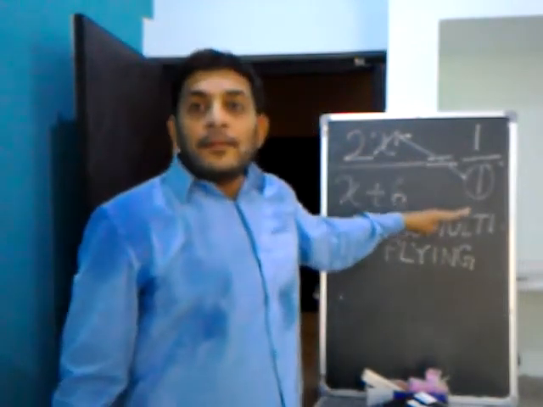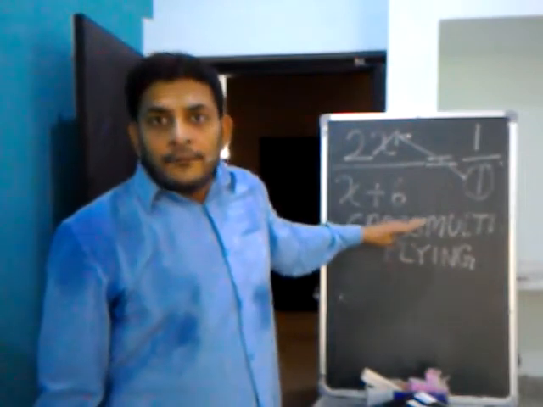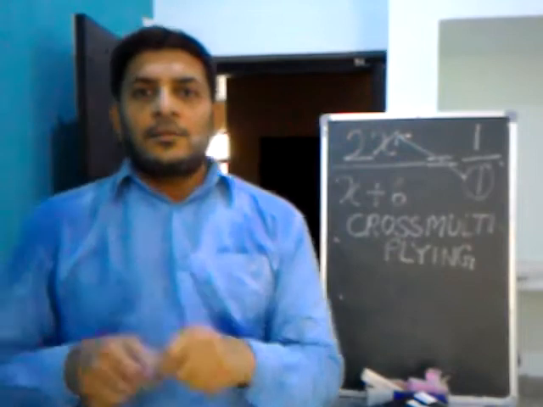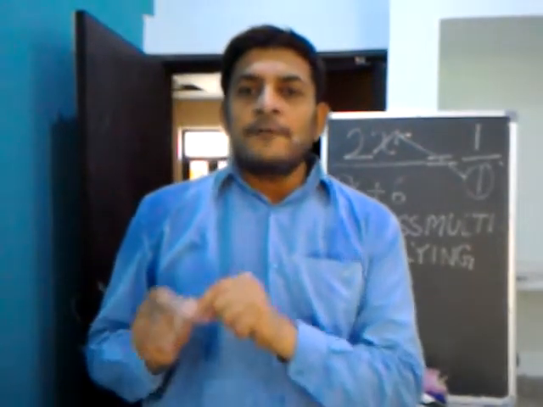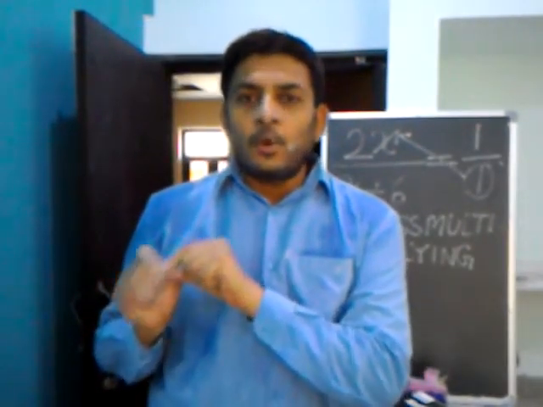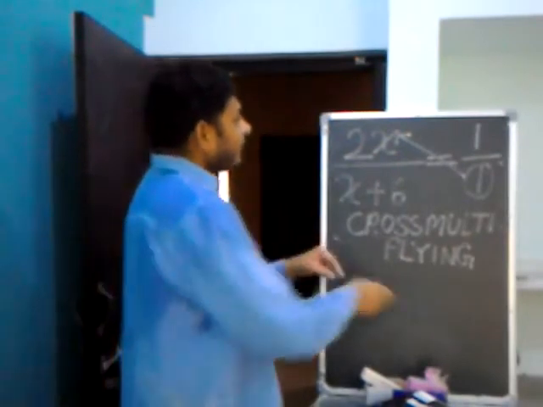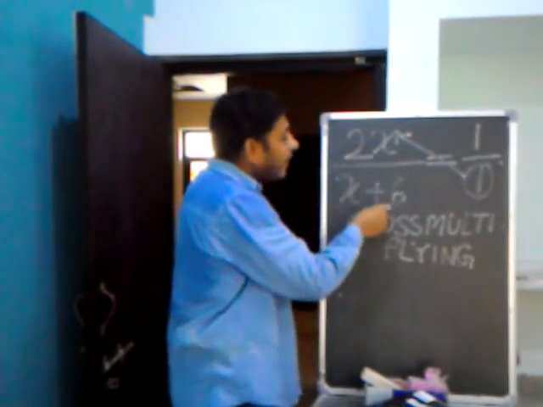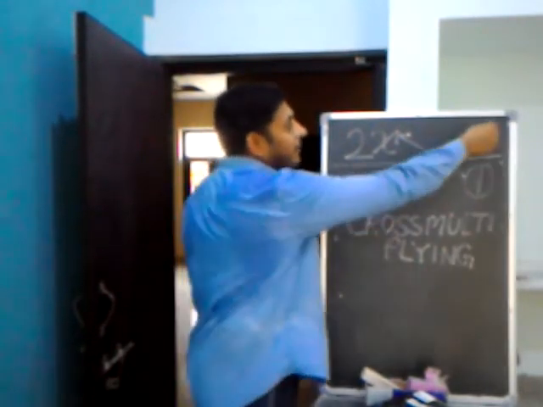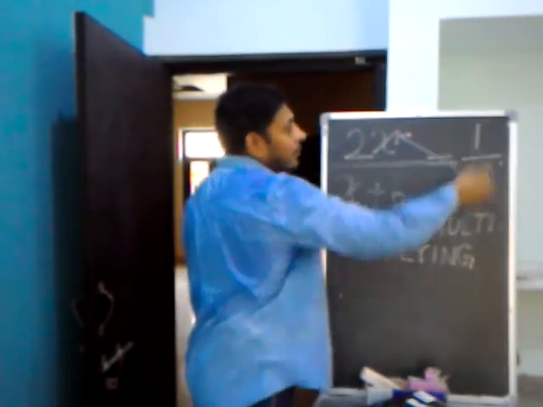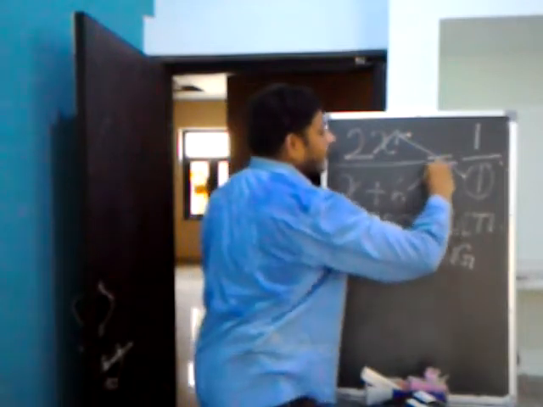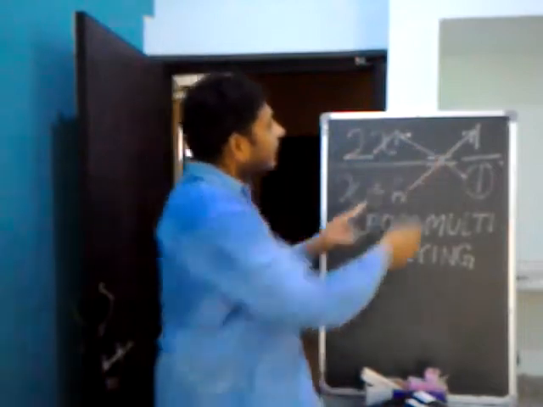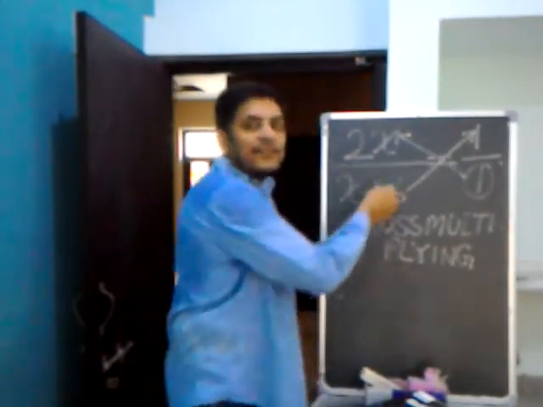If anything is in the denominator on one side, it will multiply to the other side, and this applies to both sides of the equal sign, which means this denominator will be multiplied to this numerator, and this denominator will be multiplied to this numerator, like this. Now these two arrows are crossing each other.